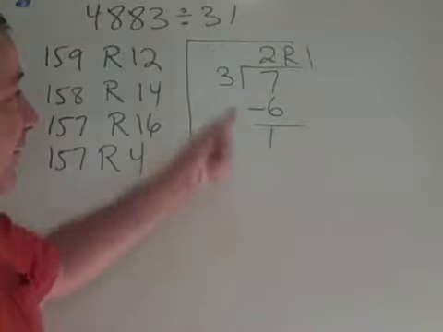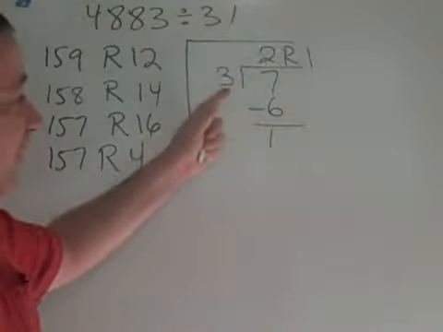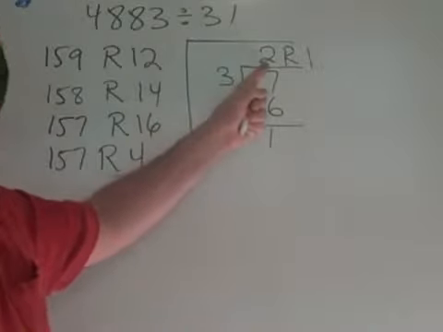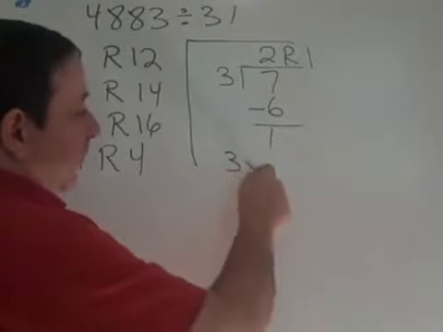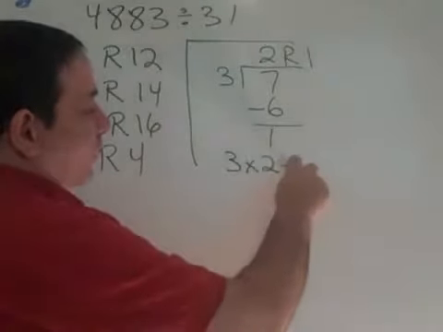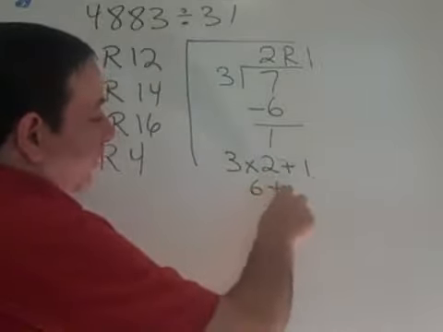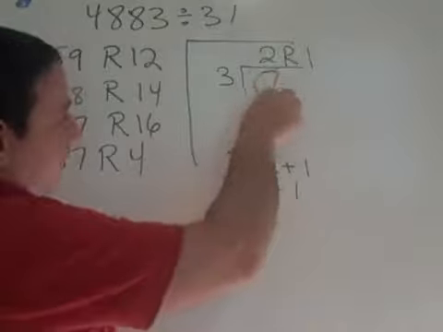And the answer is, you'd multiply this 3 by the 2, and then you add 1. 6 plus 1 is 7. Yep, 7.